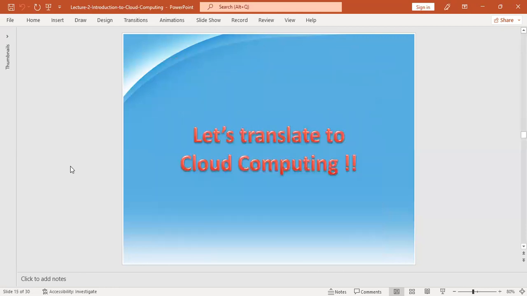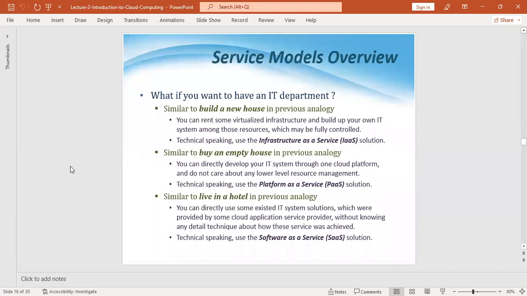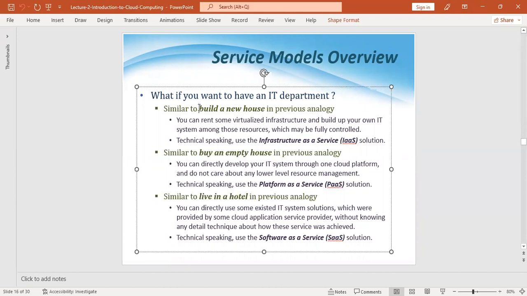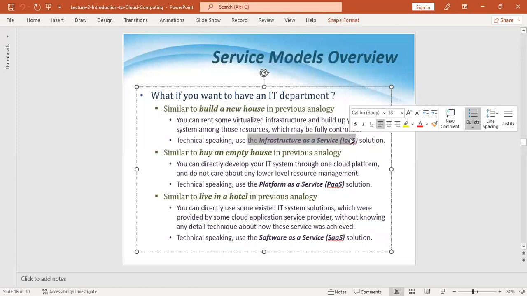I hope everyone watching this video got this analogy of a house. So let's translate this analogy to our service models. Let's take this house building as a service, as a cloud computing technology. If I want to build a new house, this model will be known as infrastructure as a service.